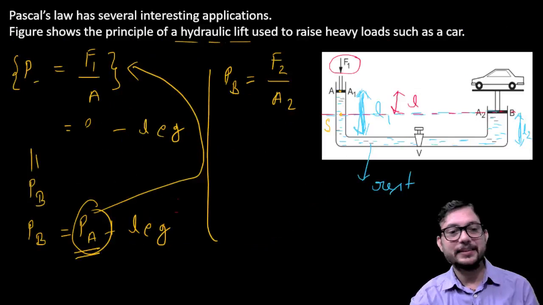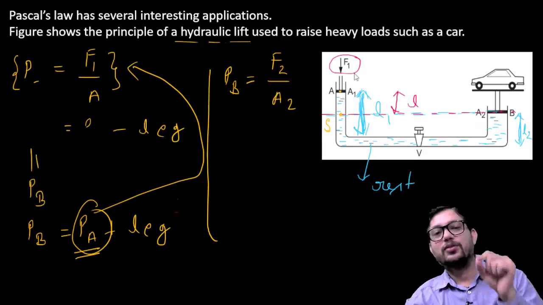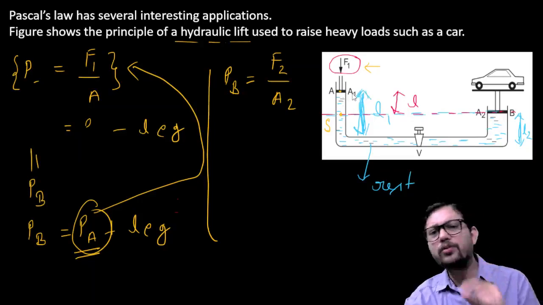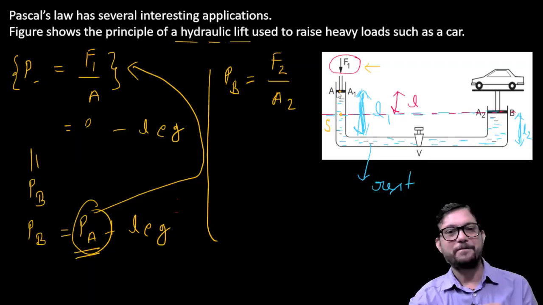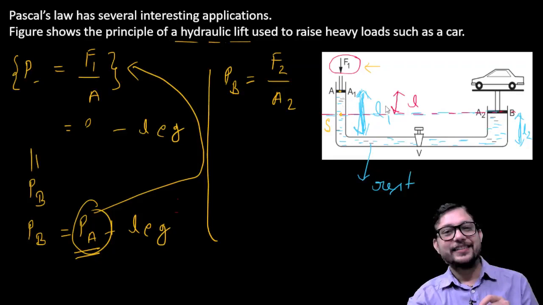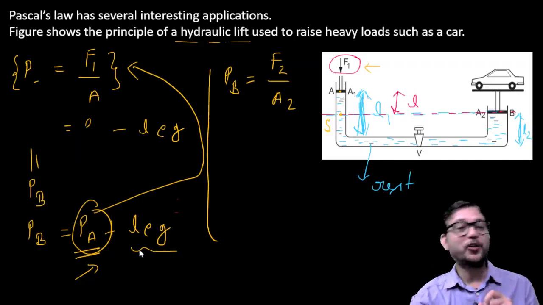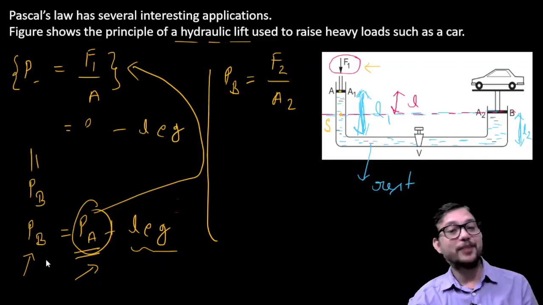This is the basic diagram. If we apply a small force F1, then this pressure PA will increase by the vertical column L rho G. It means the final pressure at point B will automatically increase.